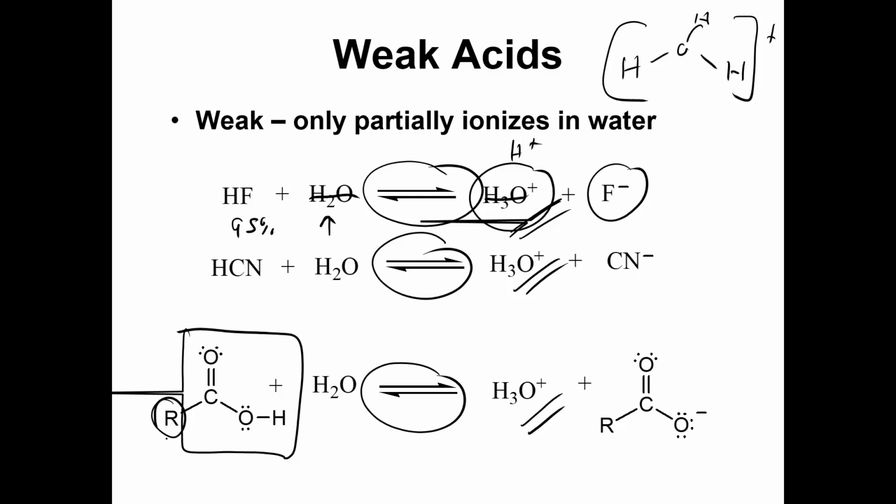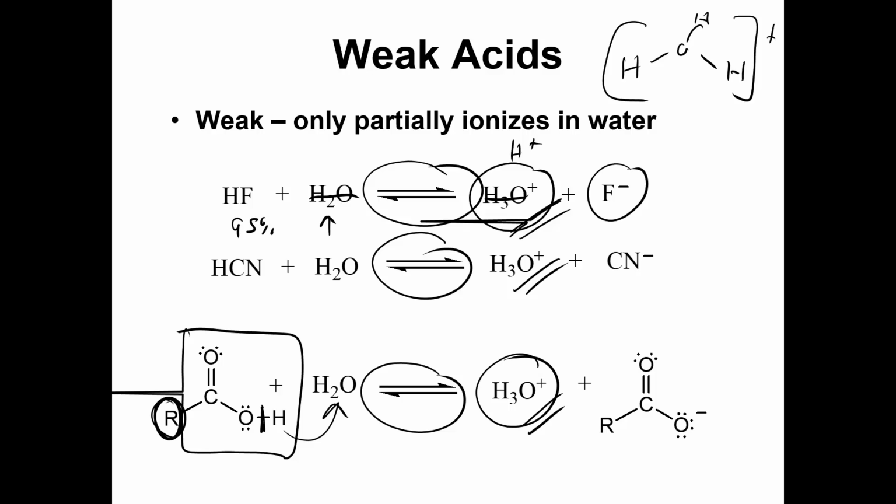This R group is irrelevant. It can be a methyl group, an ethyl group, a propyl group, or a phenyl group. Those are all organic acids. This will weaken that bond, and some of it will be transferred to the oxygen to form this hydronium ion.